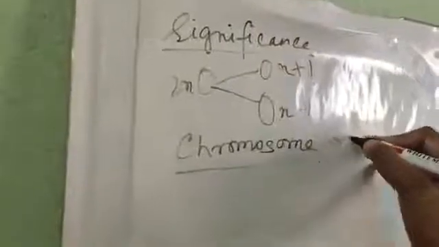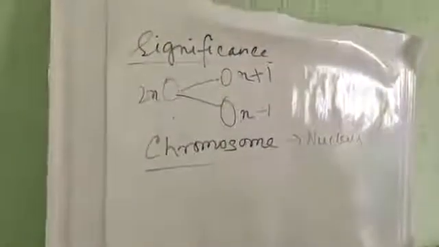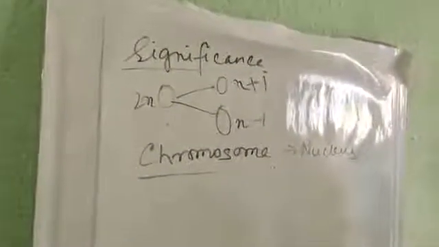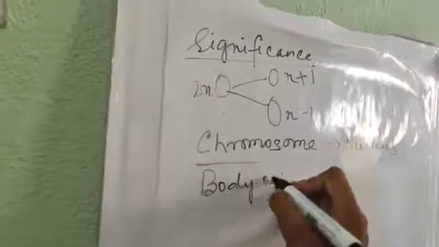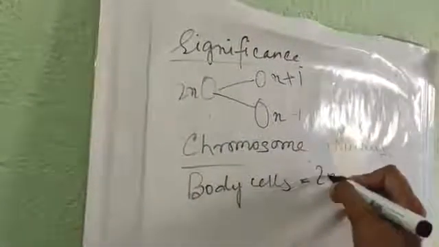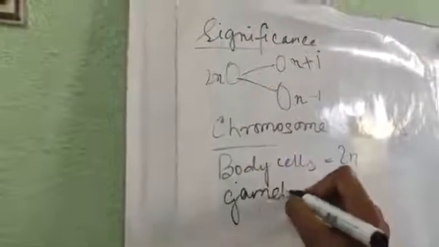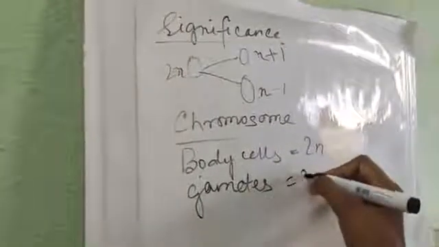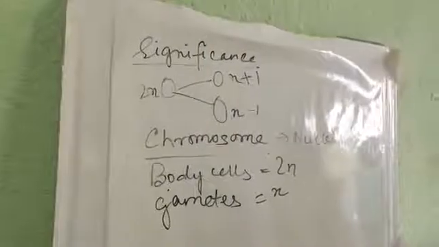It is situated within the nucleus, right? Generally the body cells are having 2n set, or diploid chromosomes, whereas the gametes are haploid in nature, containing n number of chromosomes.